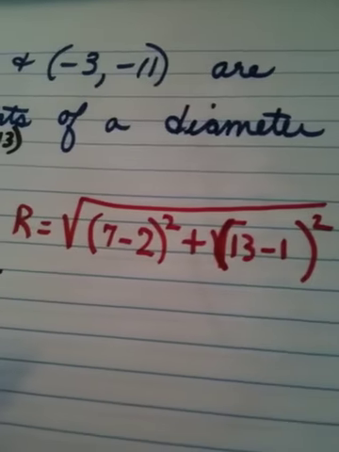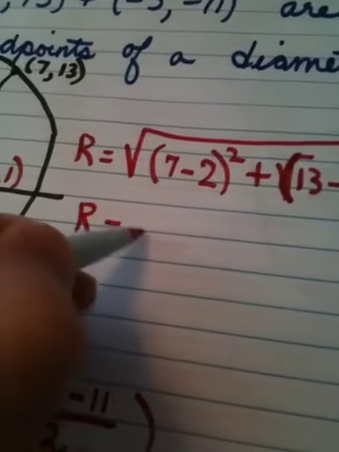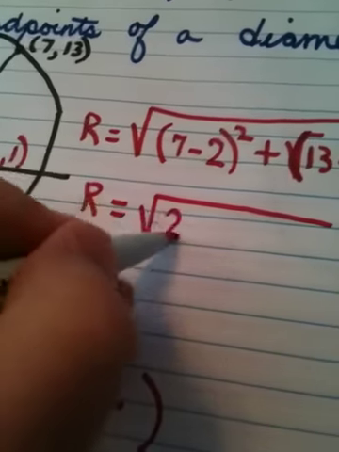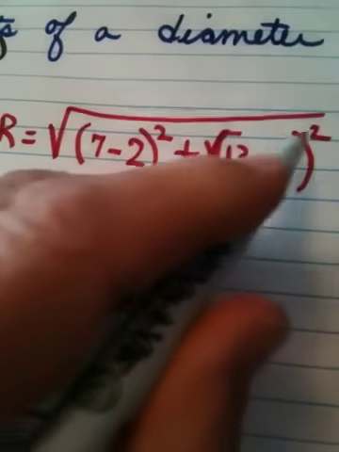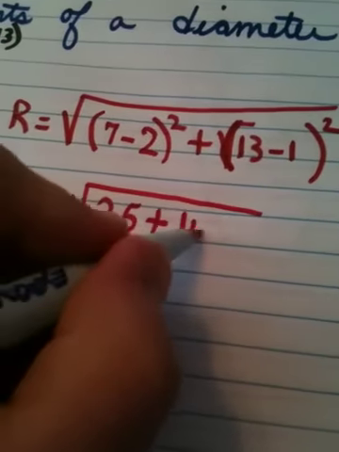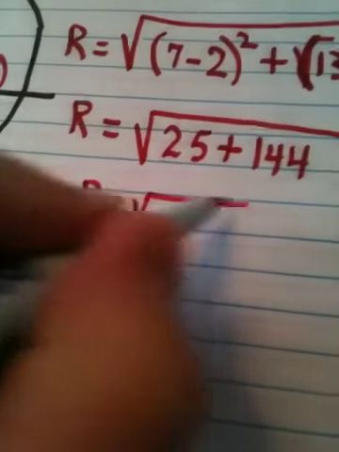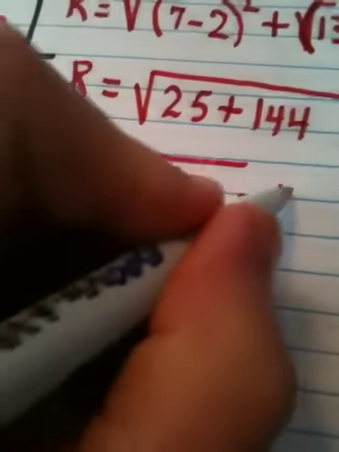So basically we plugged into the distance formula. So 5 squared is 25. 12 squared is what, 144? This becomes the square root of 169, which is 13.